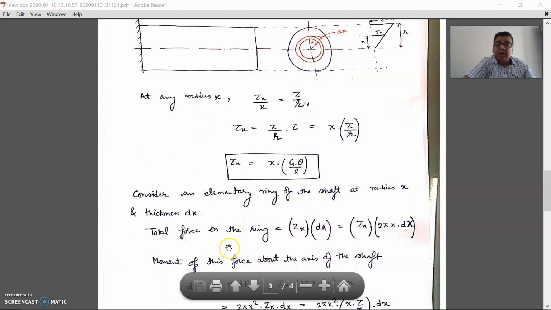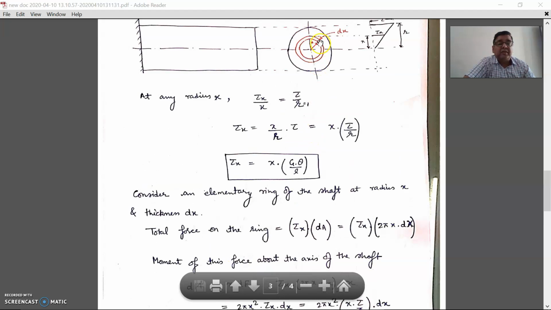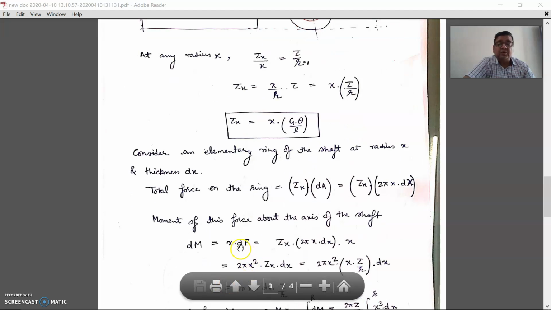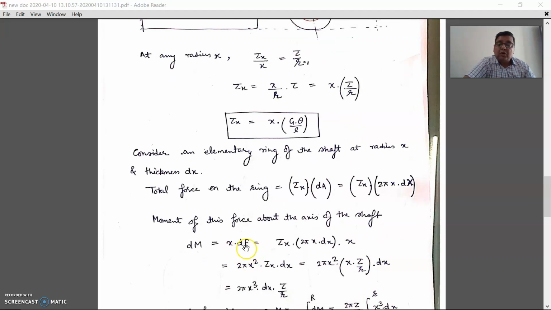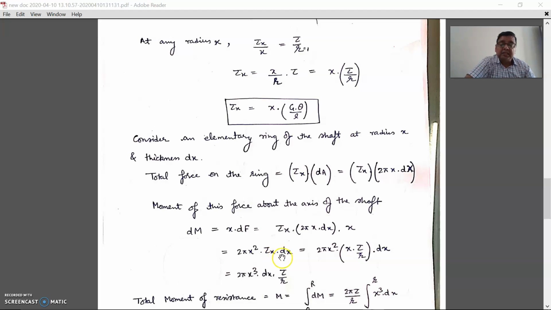Then the moment of this force about the axis of the shaft is dM equal to x multiplied by dF, because the force is on this side and x is this distance. I can substitute dF as tau x into 2 pi x into dx, so dM is tau x into 2 pi x into dx into x, that is 2 pi x squared into tau x into dx.